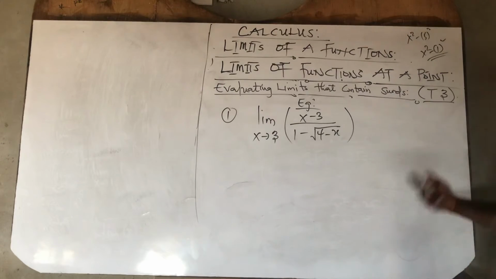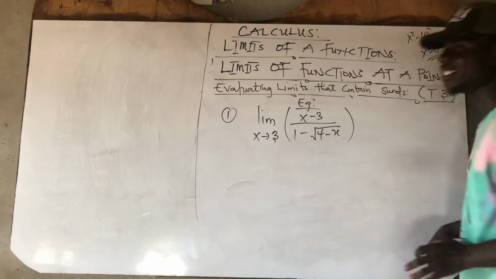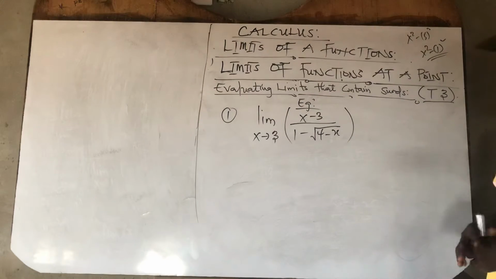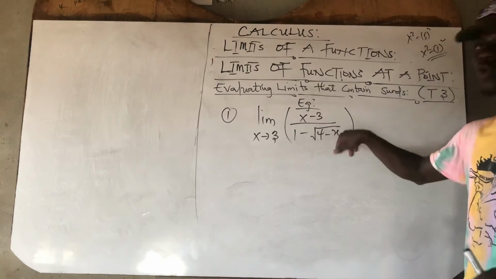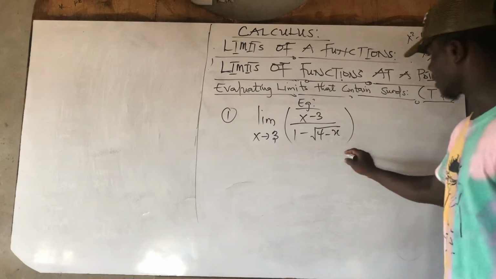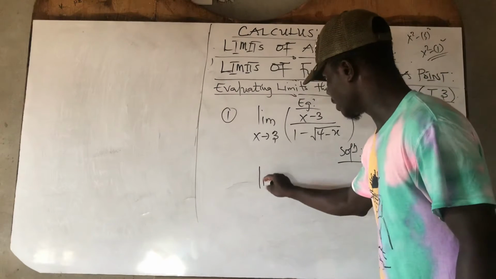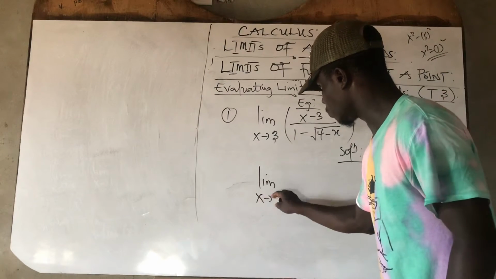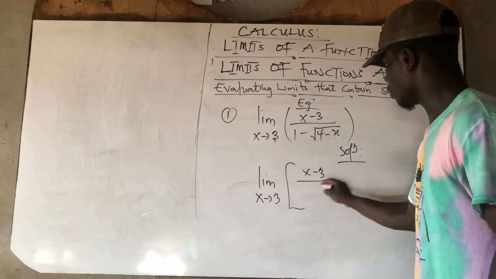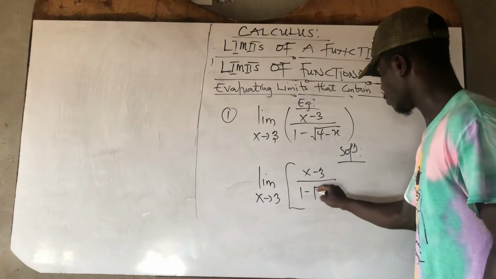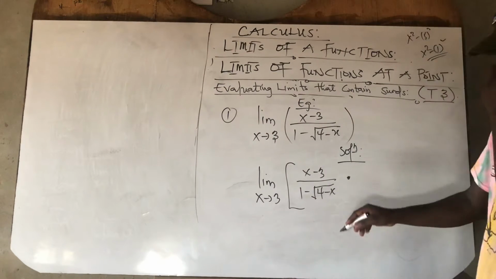So now what do we do? We don't do direct substitution, but here it contains surds. So we have to multiply the numerator and the denominator by the denominator's conjugate. Alright, so let's see the solution. The limit as x approaches 3 of x minus 3 all on 1 minus square root of 4 minus x, times, what will be the conjugate?